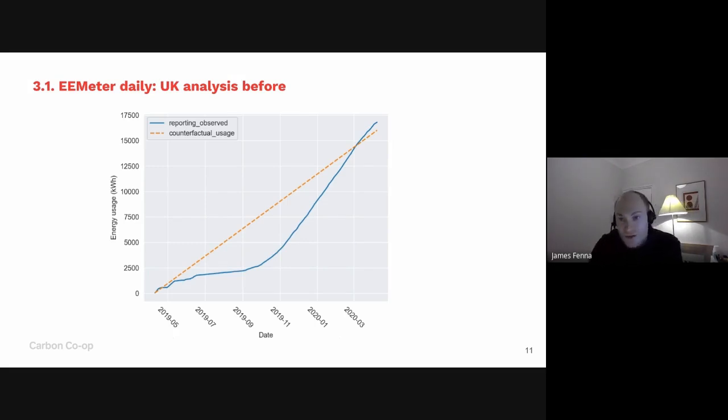But what this means for us over in the UK, if we're trying to use OpenEEmeter, this is what your counterfactual would have looked like beforehand from running OpenEEmeter daily, and you essentially just get a straight line counterfactual. It corresponds to more or less an average of the training period consumption, and that is down to the fact that the model can't decide whether to pick a heating degree day model, a cooling degree day model, or a mix of the two, or whether to just go for a base load only model.